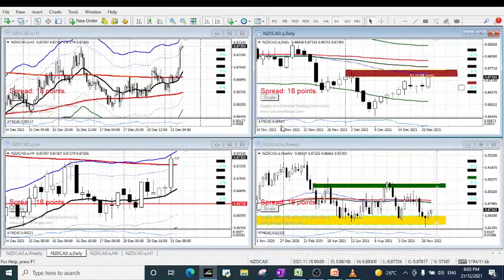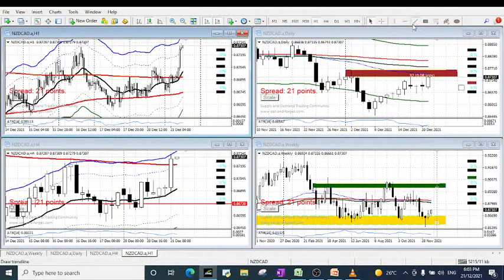And you can see that the daily expected range is 54 pips. Most likely we've done more than that already. So trying to look for buys, trying to look for a pullback to take buys, like something like this, it's not going to be a high probability trade.